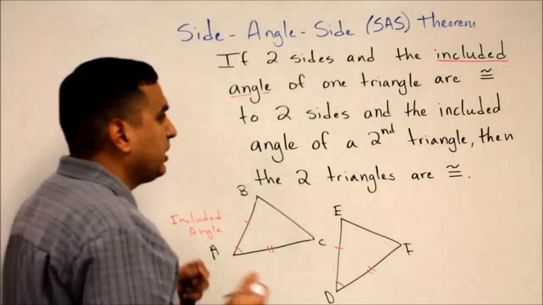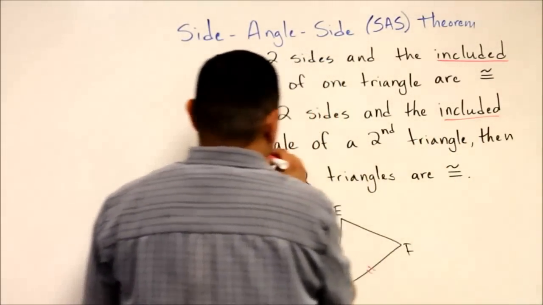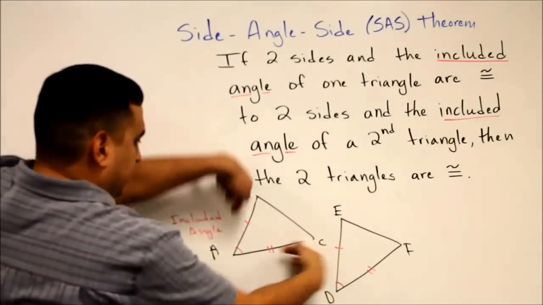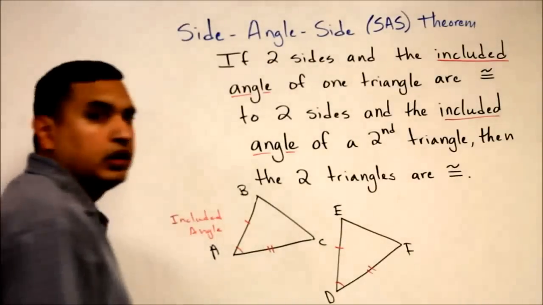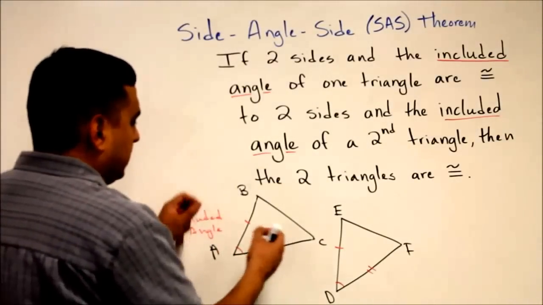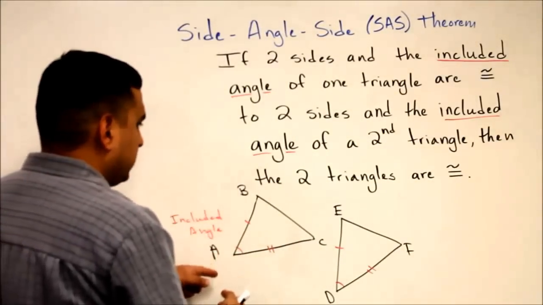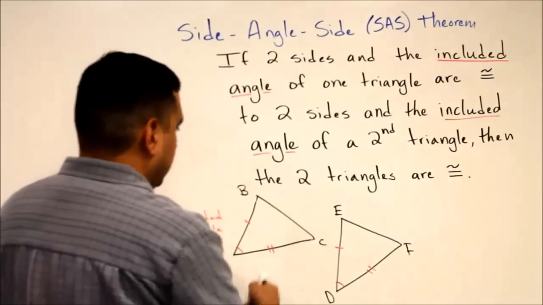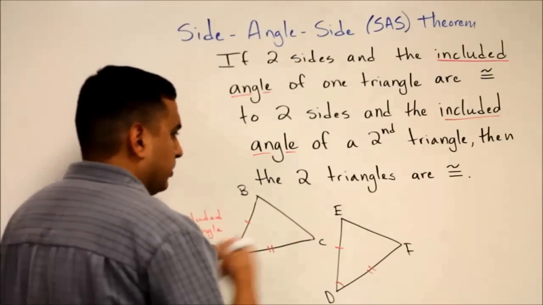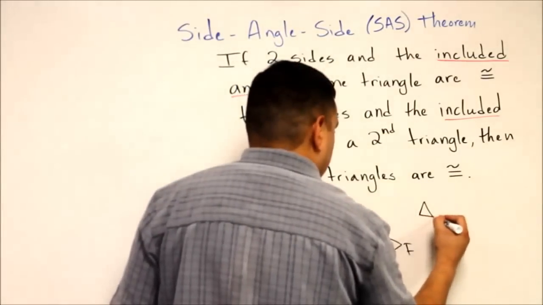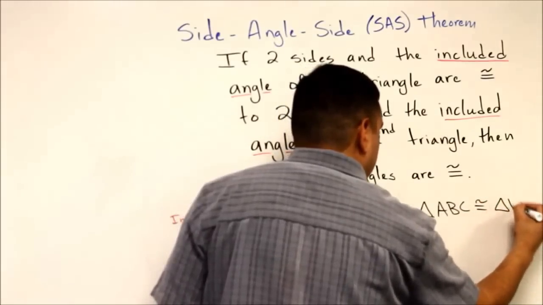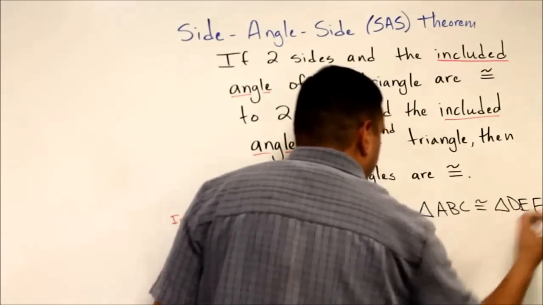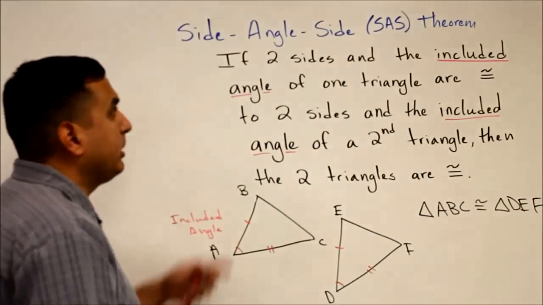The thing that makes a difference is this included angle. It has to be sandwiched between the two sides I'm saying are congruent. If I have two pairs of corresponding sides and a pair of included angles that are congruent, then I can say triangle ABC is congruent to triangle DEF. That would be our SAS, or side angle side theorem.